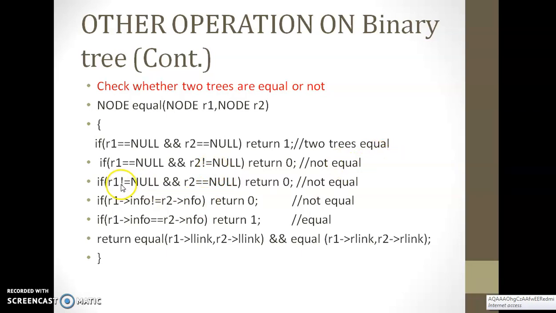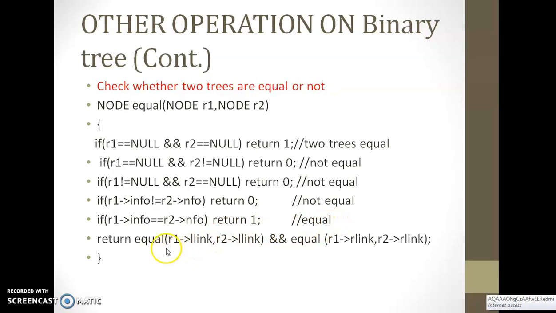Similarly, if root 1 contains an element and root 2 does not contain any element, it is not equal. Then we have to compare the root information also. If root 1 info is not equal to root 2 info, they are not equal. If root 1 information is equal to root 2 information, they are equal.